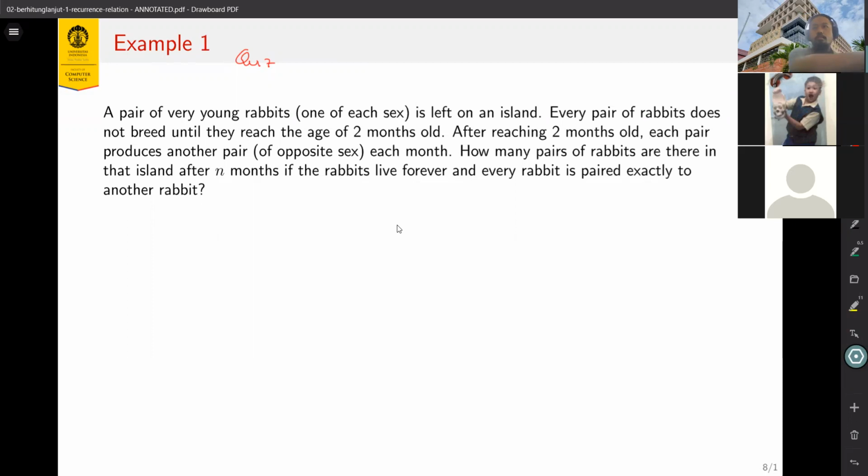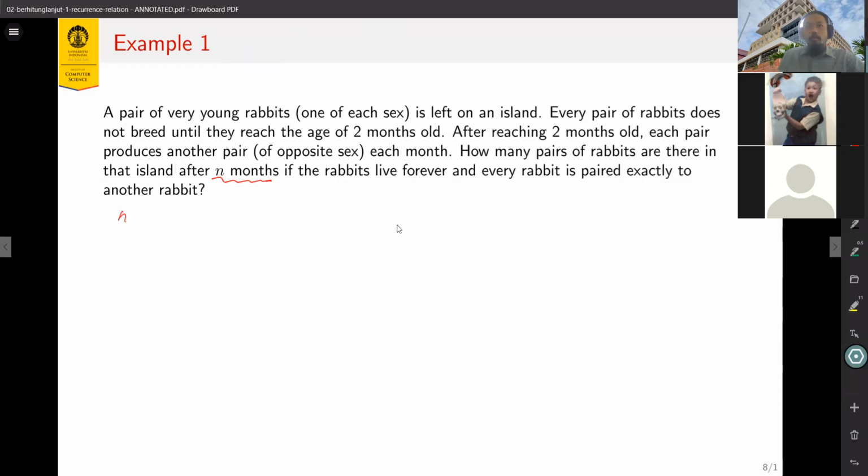Anybody? So how do we solve this? Let's start with A0, right? The n here is the month, right? So let's start with month. After n months, let's do it this way.